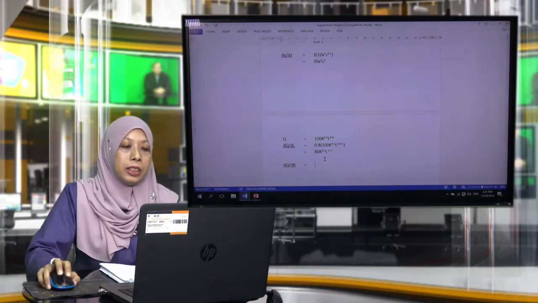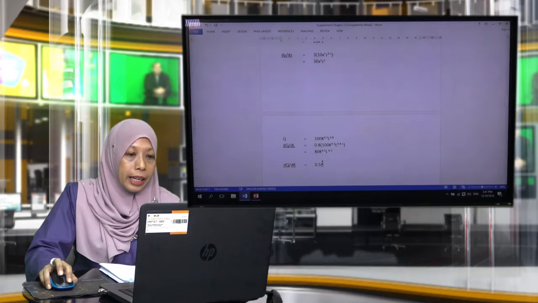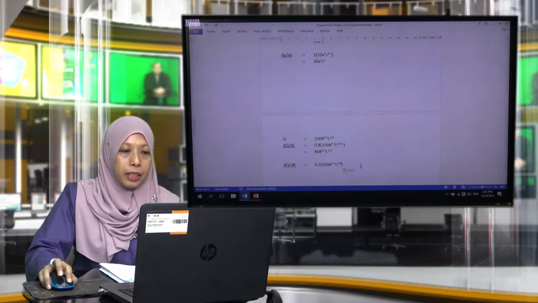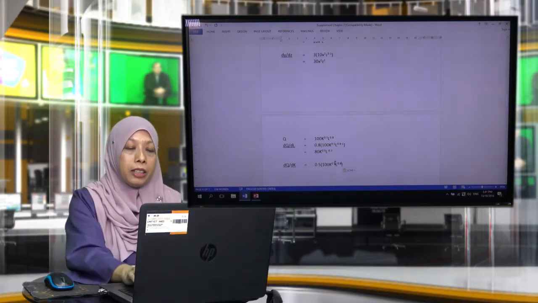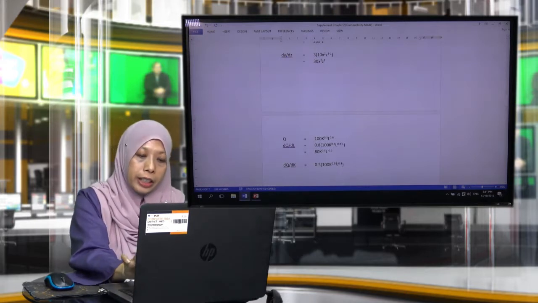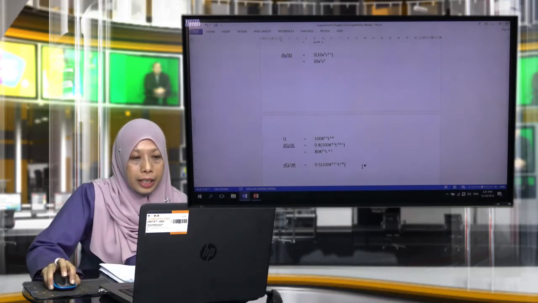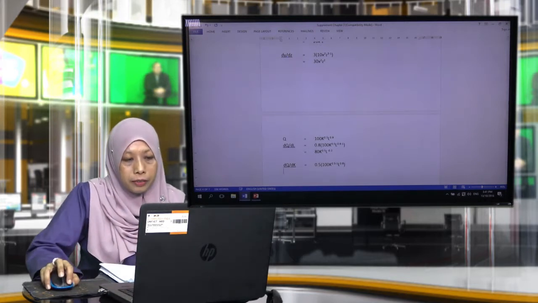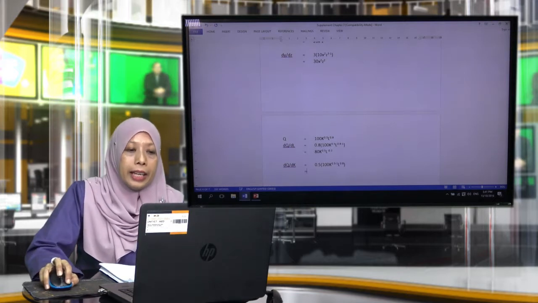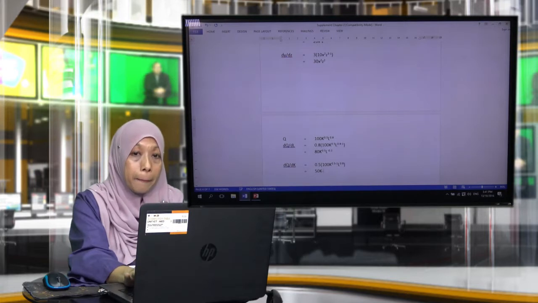Now let's differentiate the function with respect to k. Remember, when you're doing that, l is a number. When you differentiate the function with respect to k, you need to bring down the exponent for k. In this case, it is 0.5. Second step, write down the original function. And the third step, you have to reduce the exponent for k by 1 unit.